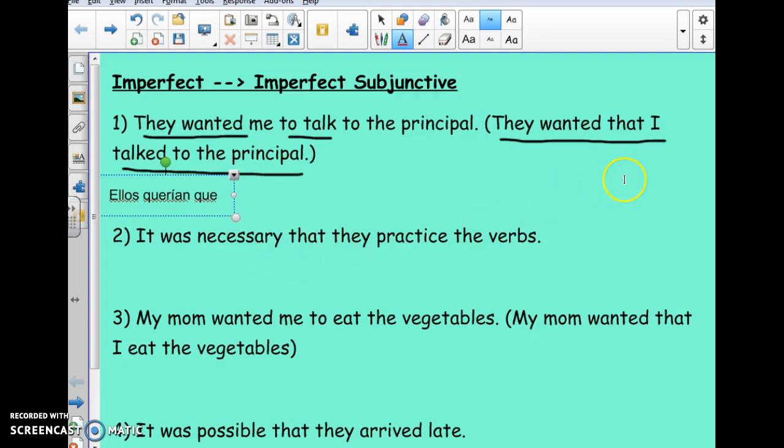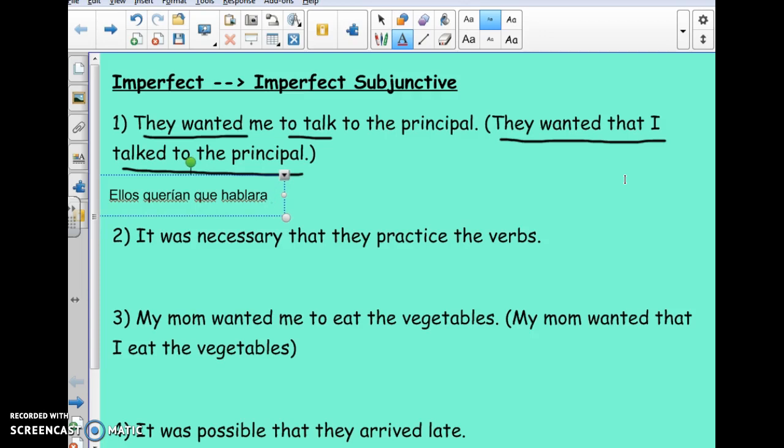And then you want I talked in the imperfect subjunctive. So remember that you would start with hablaron, which is the ellos form of the preterite, and you get rid of that ron. So you start with hablaron and take off the ron, and the yo ending would just be ra.